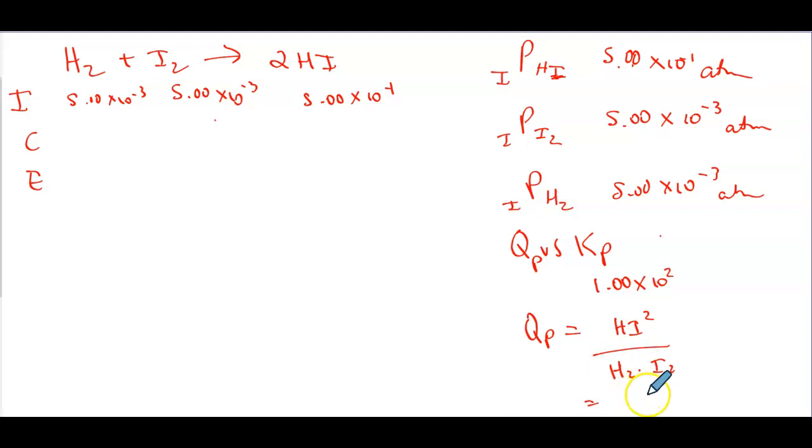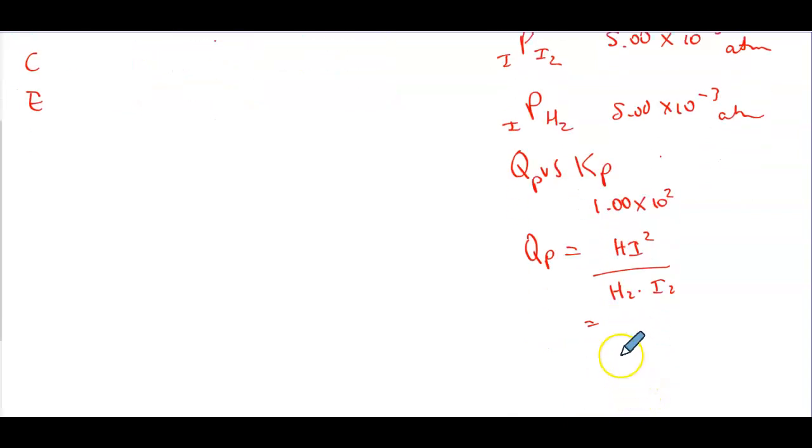So in this case, we're going to have 5.00 times 10 to the negative first squared over 5.00 times 10 to the negative third, and 5.00 times 10 to the negative third.